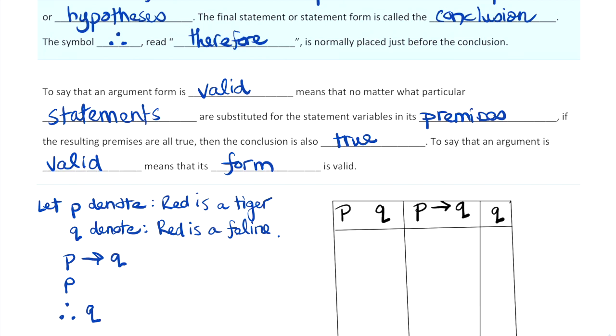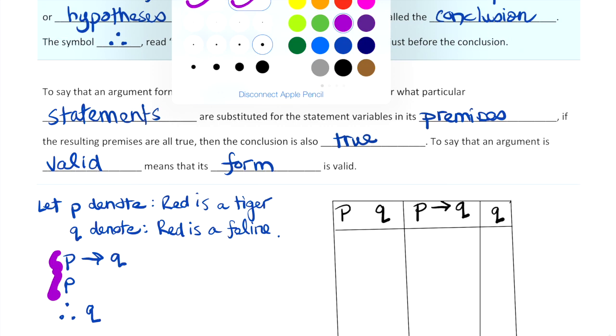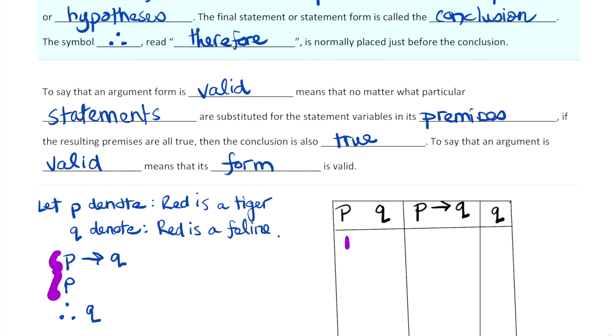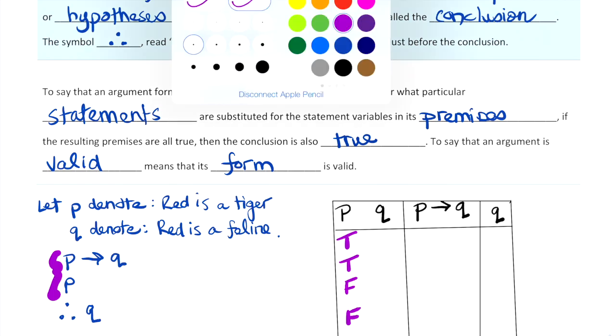I'm going to put our premises in a different color this time. That will be important for us. And so isn't P one of the premises? I mean, both of these are premises, okay? So P can take on values of, we'll just go down true, true, and then false, false.